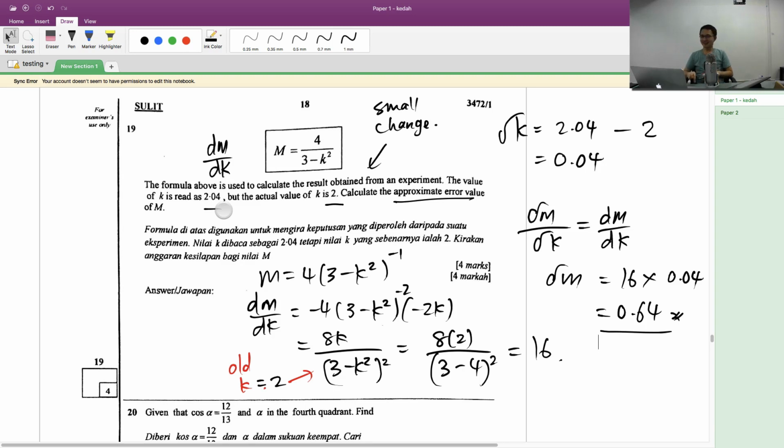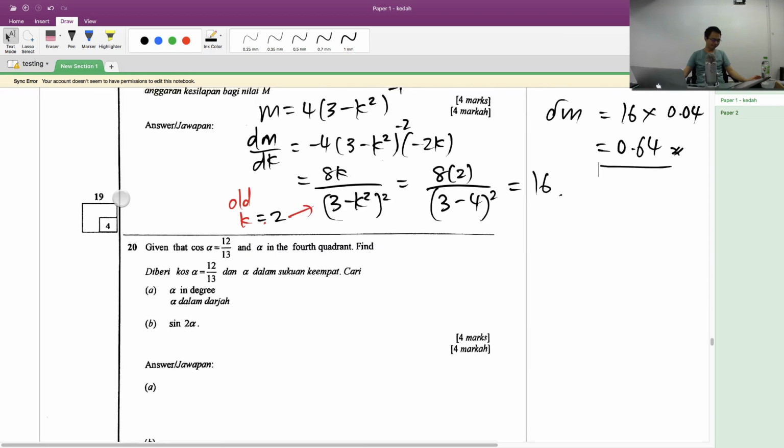So far so good? Can understand, right? If you can't understand, please let me know. Okay, if you are okay, then I will move on to question 20. If you have any question, please stop me.